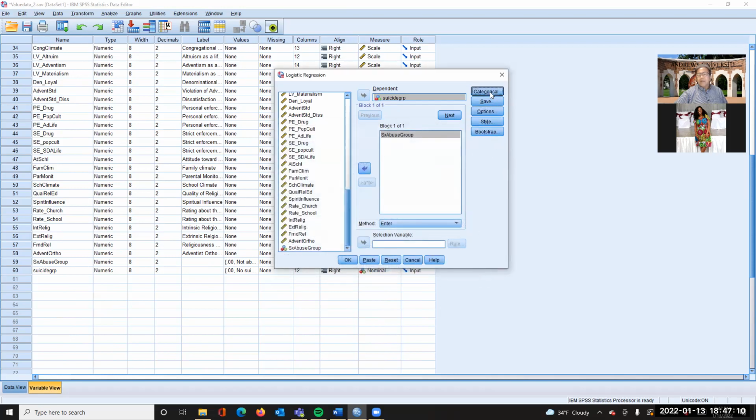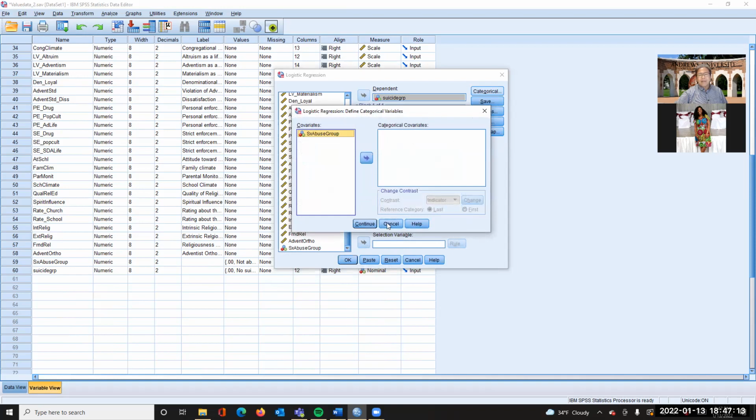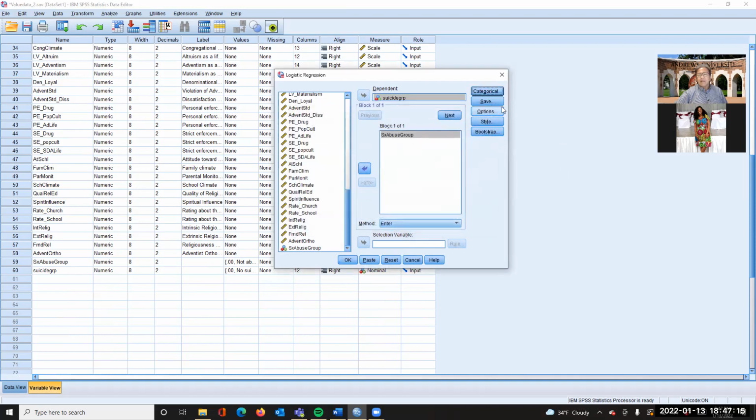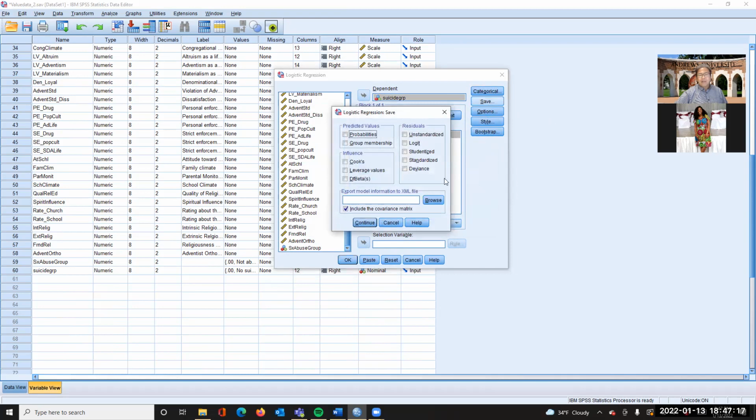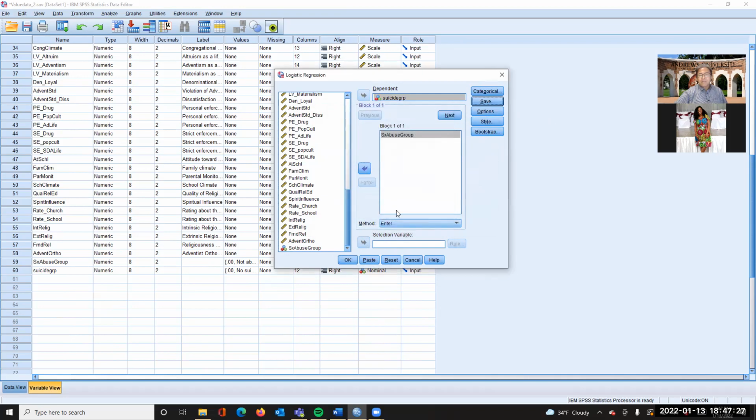We can go to Categorical, but we don't need to do that. We can go to Save, where we can look at Cook's distances and look for outliers, but we don't need to do that. So all we need to do now is click OK.